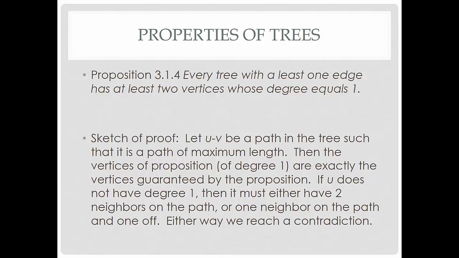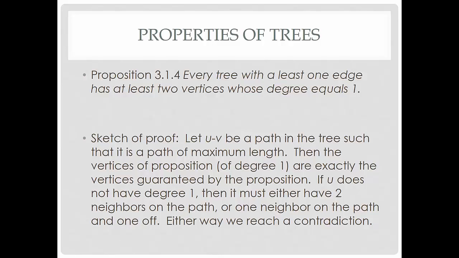Then you will see that U and V must have degree 1 if they're the end vertices of a path of maximum length. If you suppose not, suppose say U has degree 2. Where are its two neighbors? Well, one is on the path, its preceding vertex on the path.